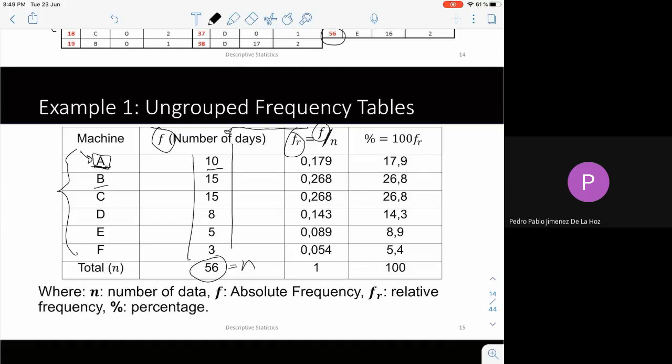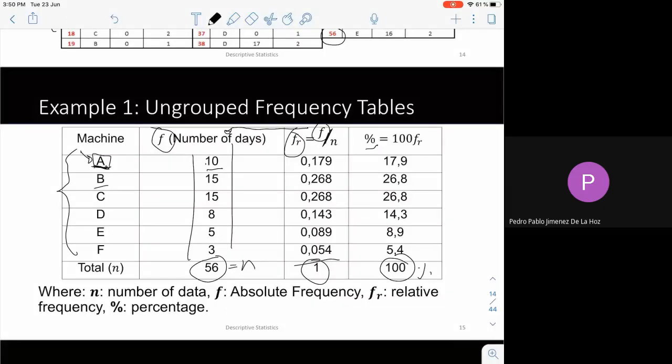So 10 divided by 56 is 0.179. 15 divided by 56 is 0.268. You can keep going until you get all the relative frequencies. It is important that you always check that when you add up the relative frequencies, they are equal to 1. And if you have the percentage format, it has to be equal to 100%.